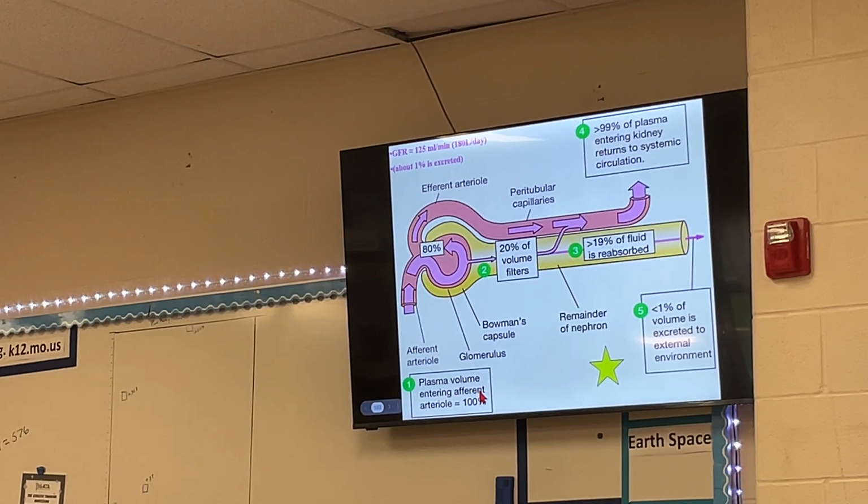So the plasma volume entering the afferent arteriole is 100%, 80% stays, 20% is filtered out, and then 19% gets reabsorbed back into the blood. So here is our filtration. About 19% gets reabsorbed back into the blood throughout the process, and 99% of the plasma entering the kidney returns to the circulatory system, and only about 1% of the volume is excreted as urine from the body.